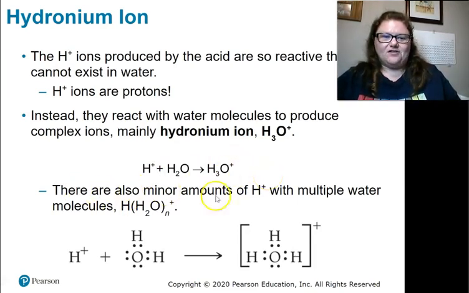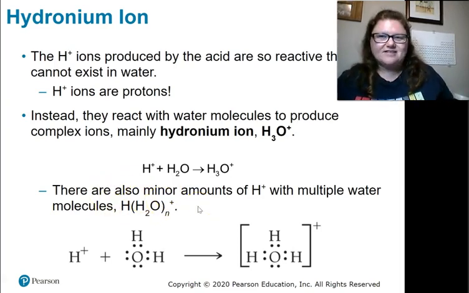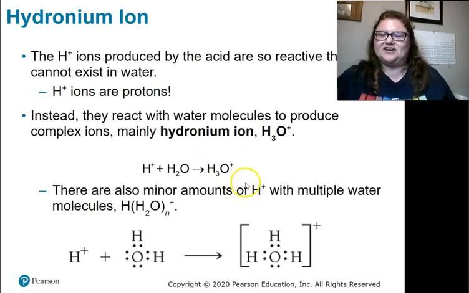There are also minor amounts of H+ with multiple water molecules, so they can write a general formula with n being any number of waters that would attach, but that's not how it's usually discussed in a class at our level, so we would just stick to the H3O+.